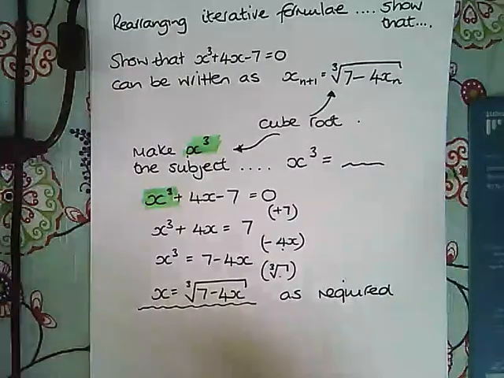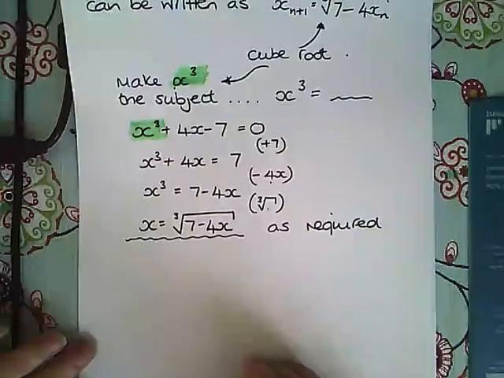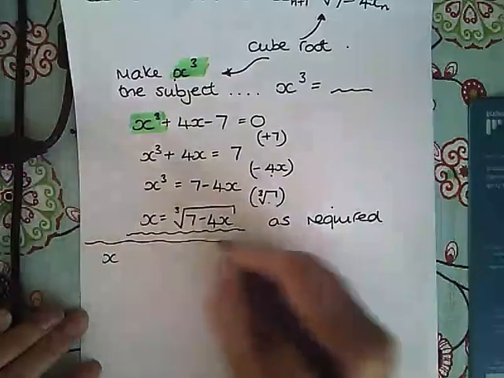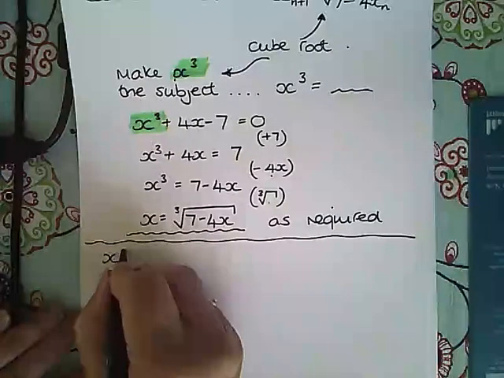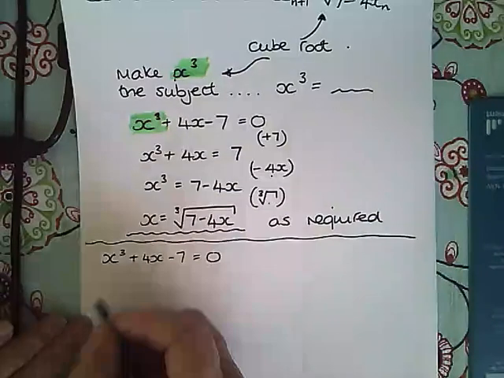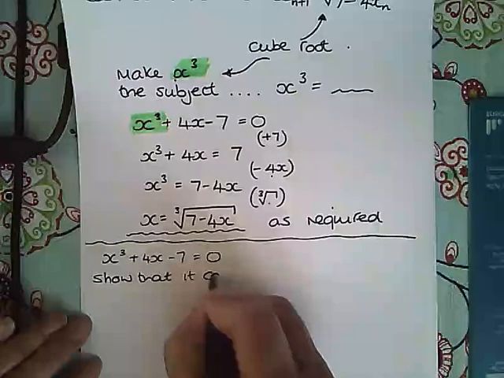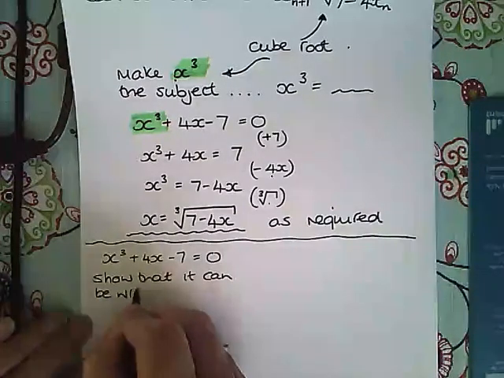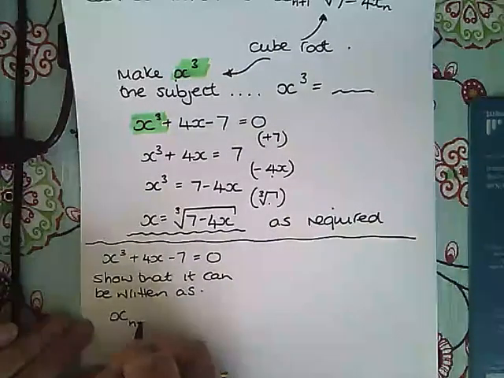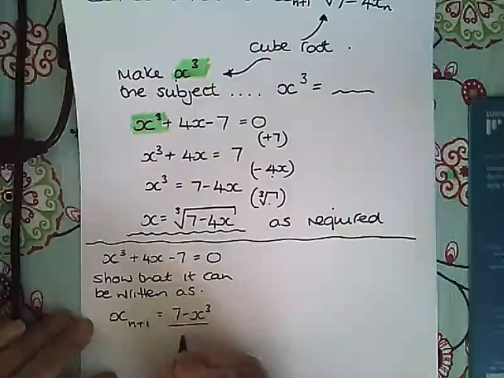Now, you could be asked to rearrange exactly the same formula in a different way, and if I just show you this down here, if we start off with x cubed plus 4x minus 7 equals 0, and we are asked to show that it can be written as x, again those subscripts we don't need to worry about for the minute, is equal to 7 minus x cubed over 4.